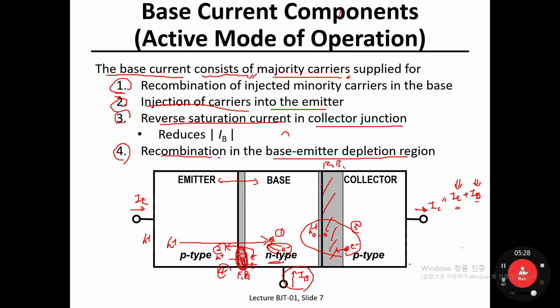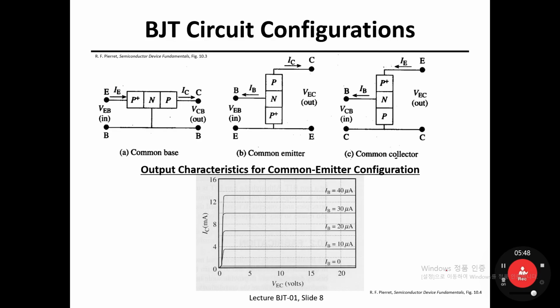Then the BJT is kind of an extended version of the PN diode, because two PN diodes have been connected in series. That's all. On that playground, we are looking at some more advanced things. All right, now let's move on to the next one.